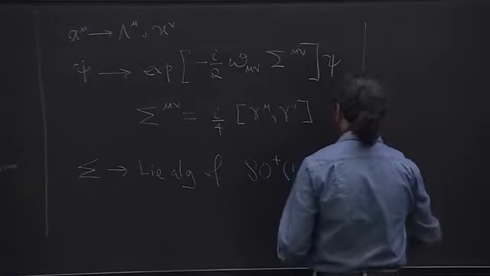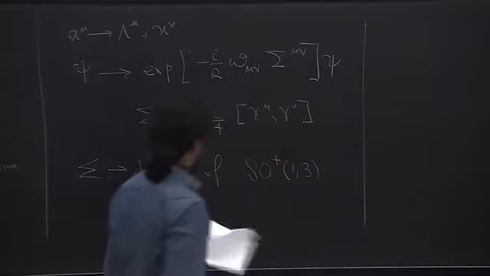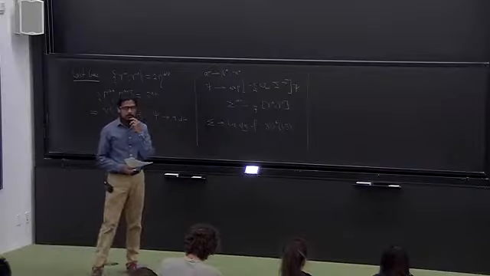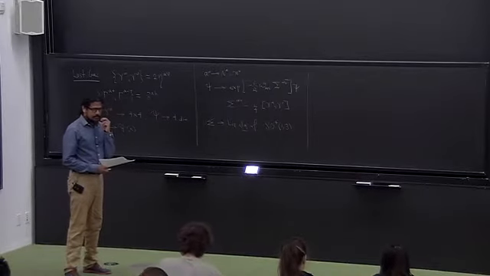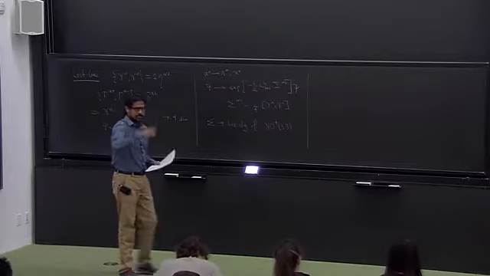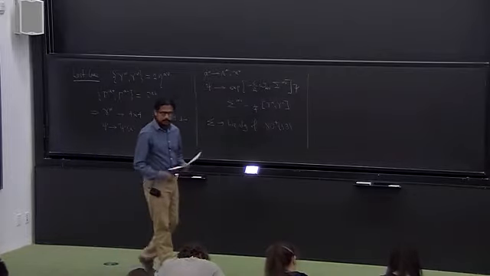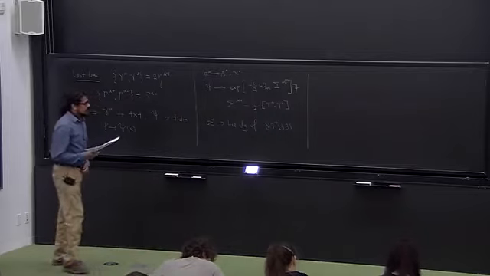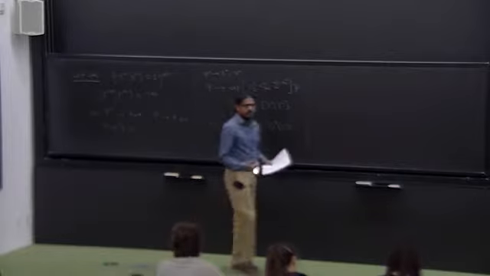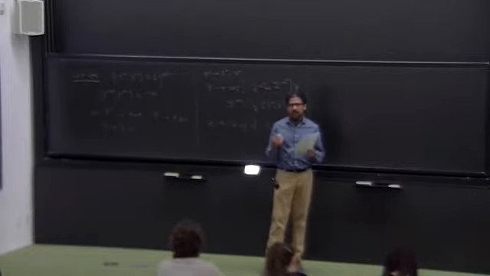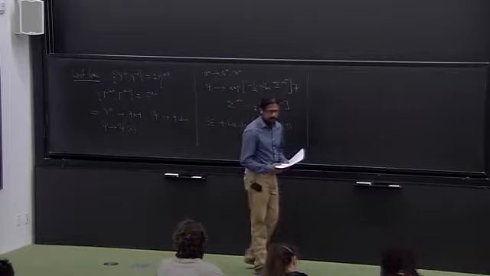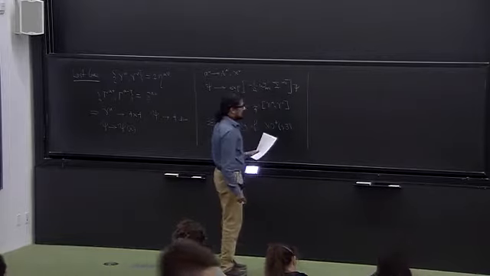We then made a comment that the Lorentz group is actually a non-compact Lie group, and that's because the rotations are compact, but the boosts are non-compact. And there's a theorem in group theory which says that non-compact Lie groups do not have finite dimensional unitary representations.